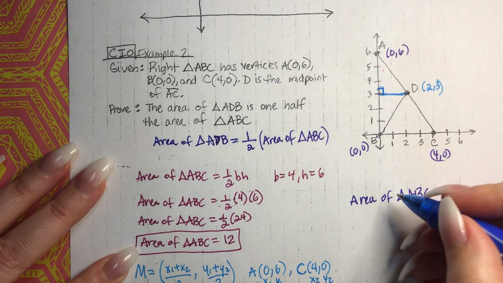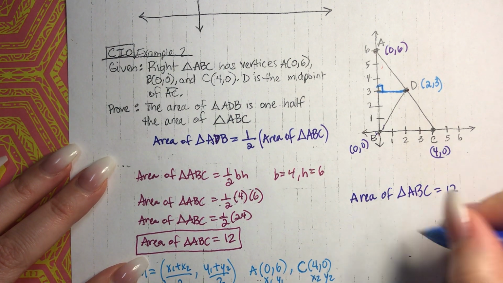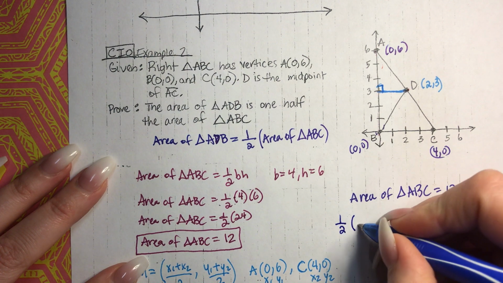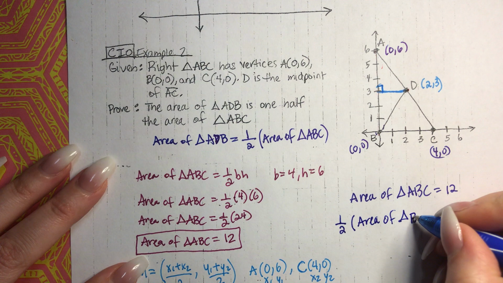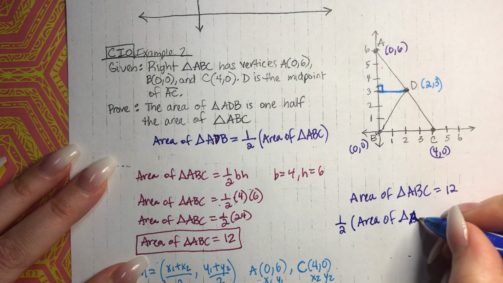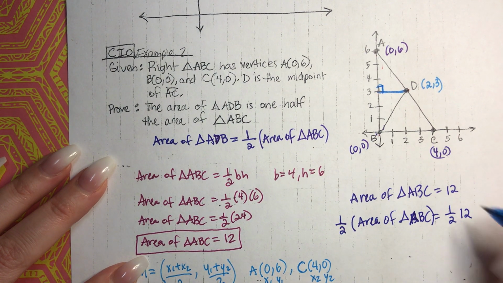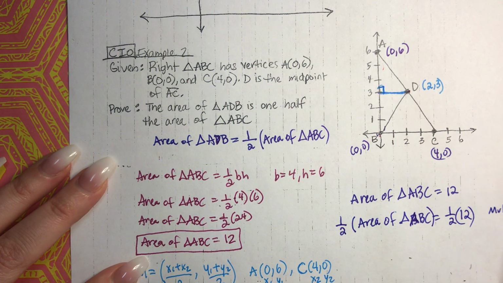So what I'm going to do is use the multiplication property of equality, and watch. I'm going to multiply both sides of this equation by 1/2, because that's the multiplication property of equality.